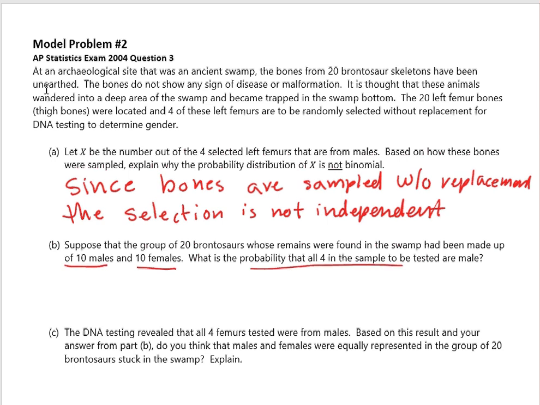Now, we want the probability of picking 4 male bones in a row. So you already picked one of the males, so that would be 9 out of 19 for the second probability. Now you've taken 2 of the male femurs out. So this third probability would be 8 over 18, and then that fourth probability would be 7 over 17.